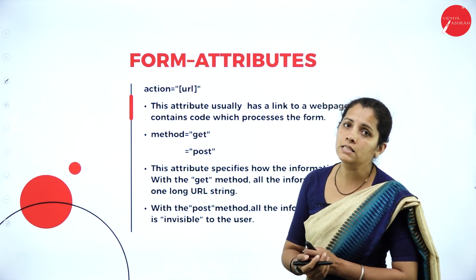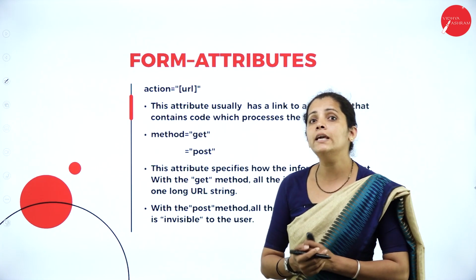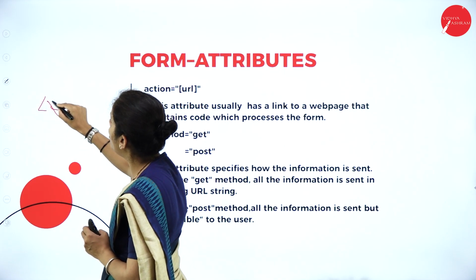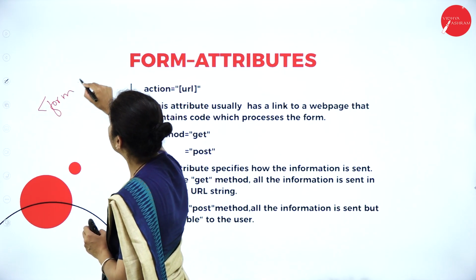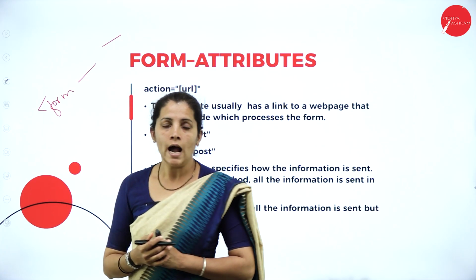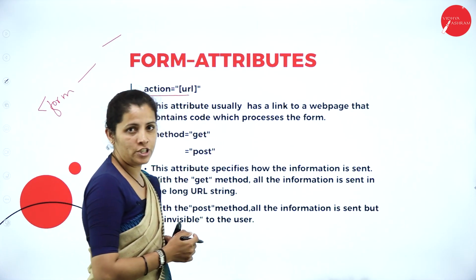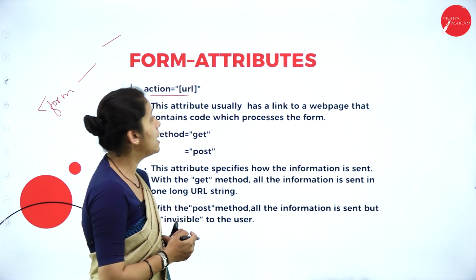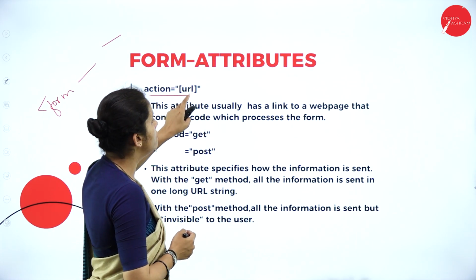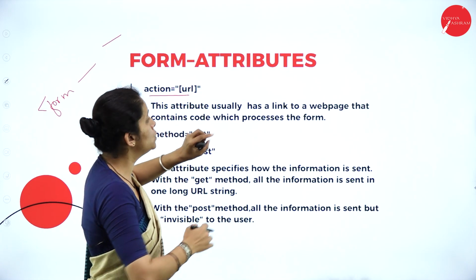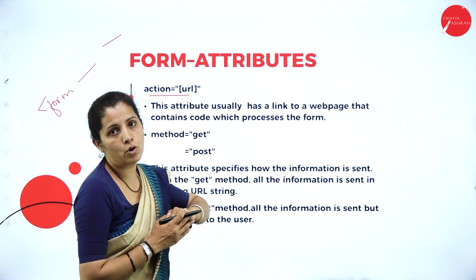Now, if I consider form, I have the attributes. So how will I write? I have the form tag, and I can have the attribute. And if I consider the attributes, I have the action called URL. My action is always a URL. So I'm going to specify to which web page I want to link.